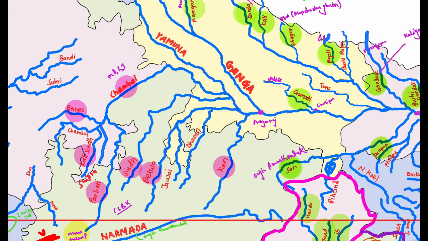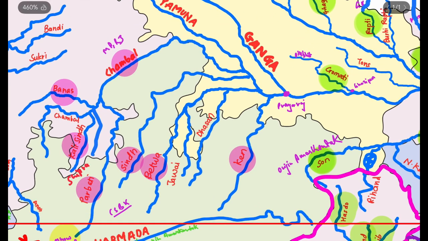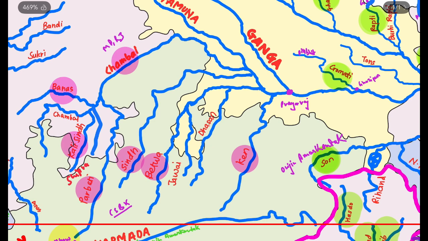Then some important things, like here is Bana River. Then Kalisindh, then Shipra. Kalisindh originates from Shipra, you should know that.